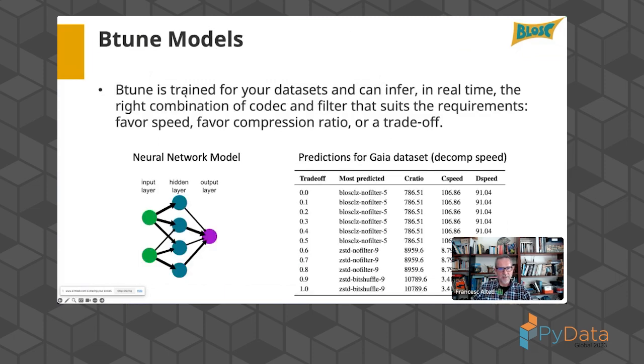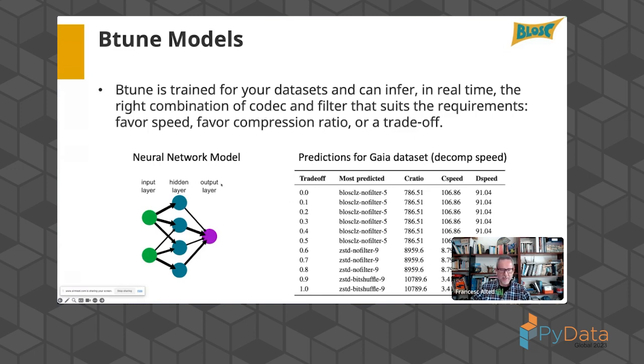BTune Models, as I said, typically BTune can also be trained for datasets. That means that BTune can infer in real time the right combination of codec and filter that suits the requirements for the different chunks that you are compressing. So you can favor speed, favor compression ratio, or a trade-off, everything automatically after the training has been done.